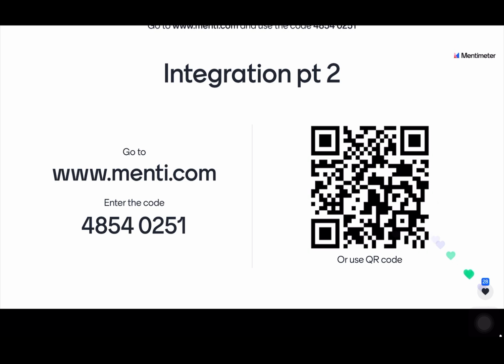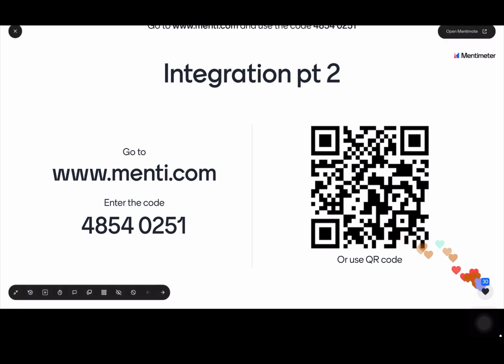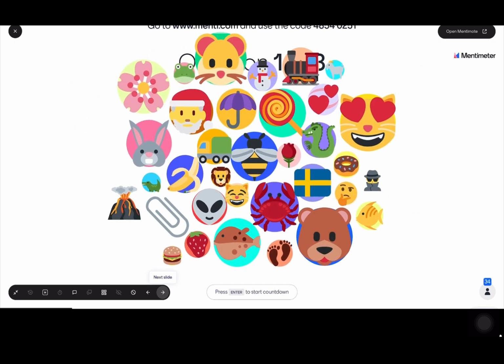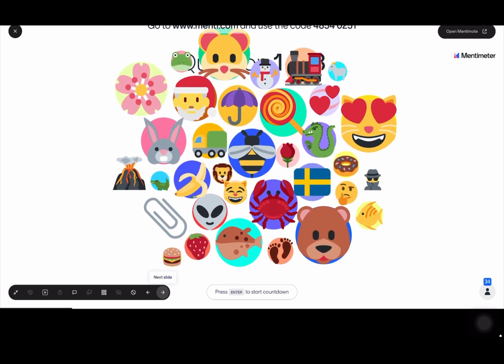Have you scanned? Okay, write your student ID.